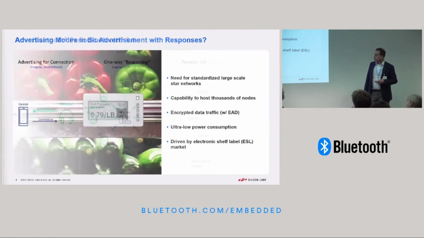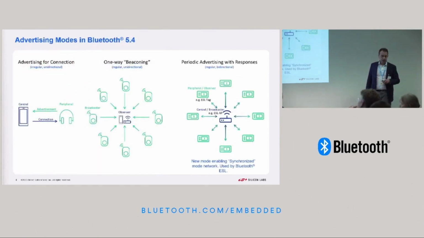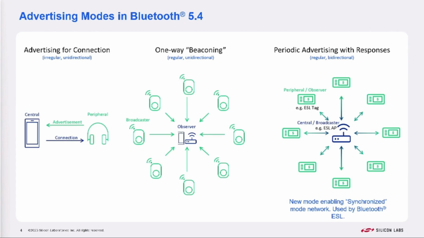All right, let's have a look at PAWR. What is that? First, yes, we have the laser here. There are 3 different advertisement modes. Of course, we have advertising for connection, which has been there from day one on Bluetooth. You advertise to get connected, get your headset connected, and you're happy.